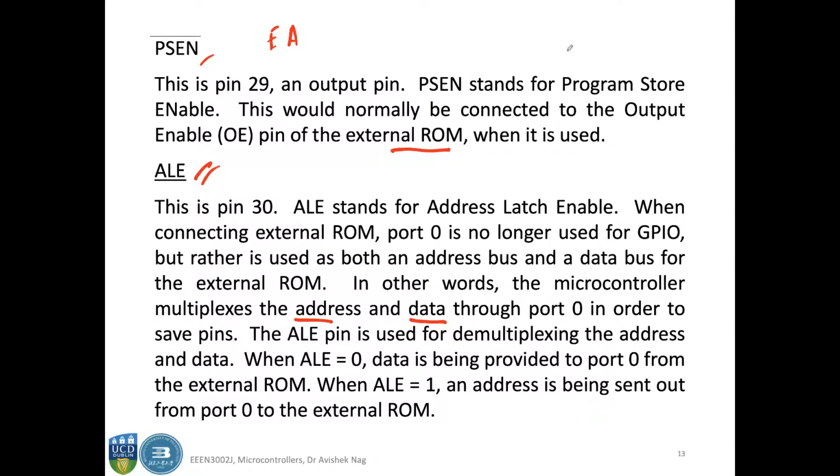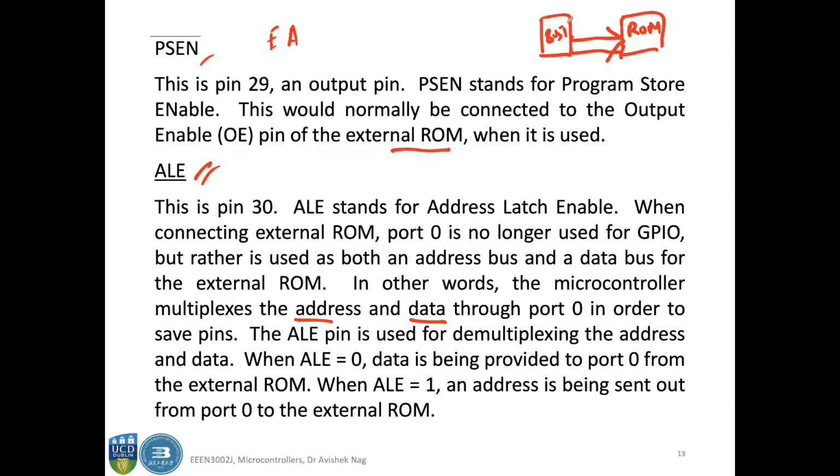So basically, in your microcontroller you have this 8051, and let's say when it is interfaced with an external ROM, then you have some data that is going to this ROM, and also you need to address this ROM.